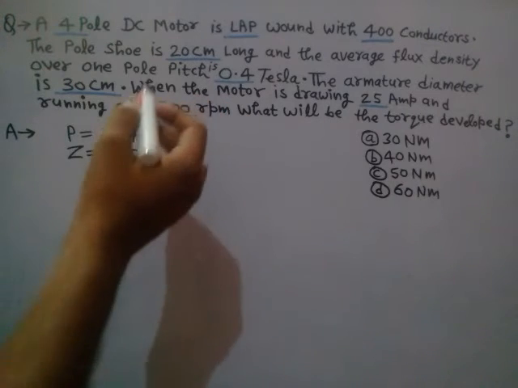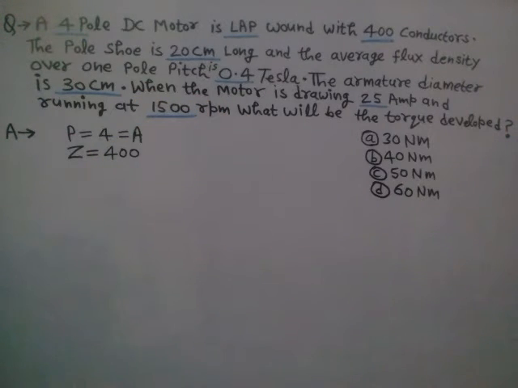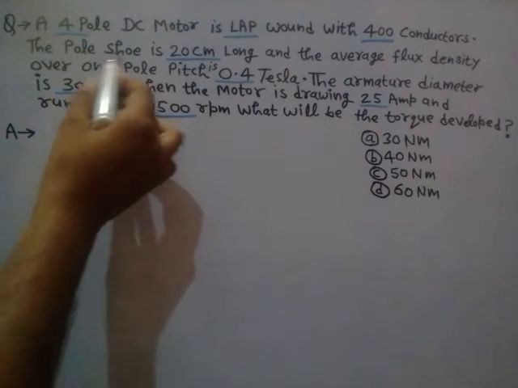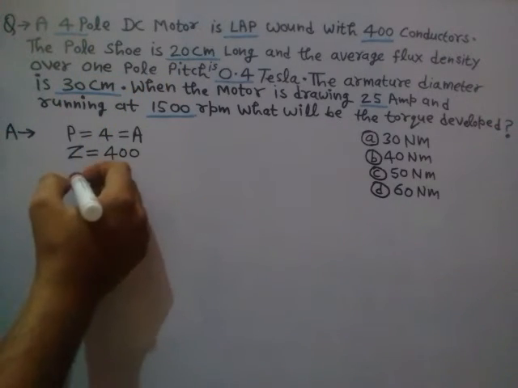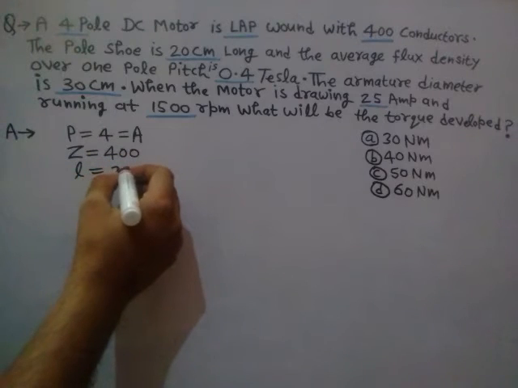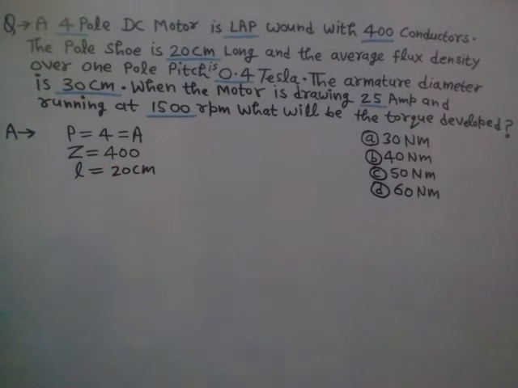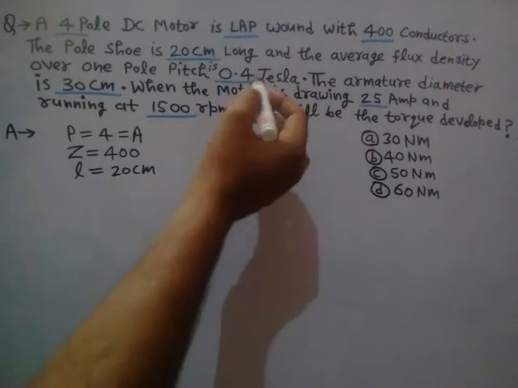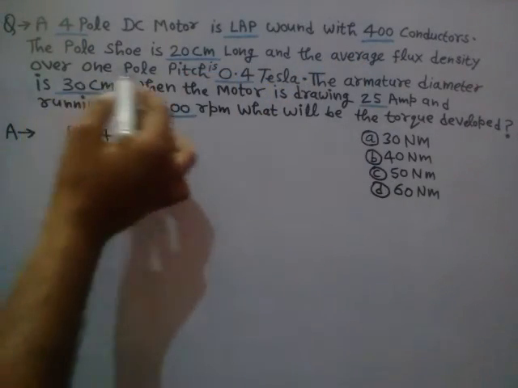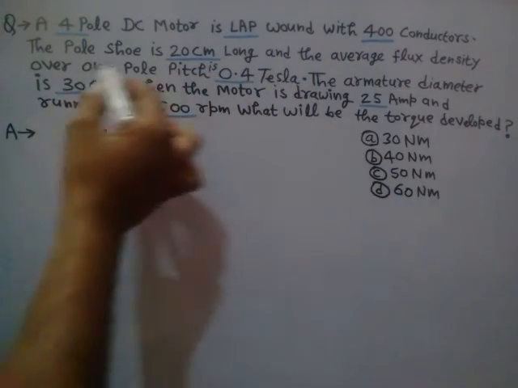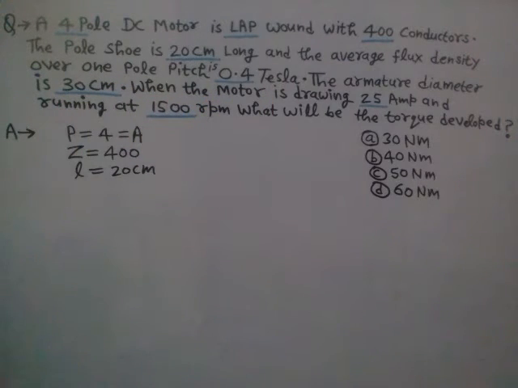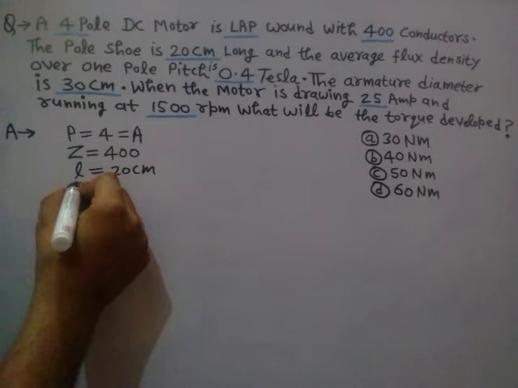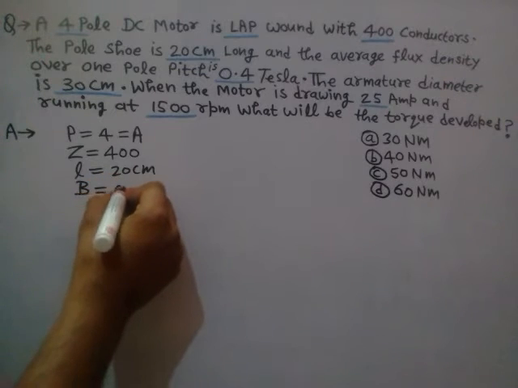Now the pole shoe is 20 centimeter long, so the length is given as 20 centimeter, and the average flux density over one pole pitch is 0.4 Tesla. So flux density is given as 0.4 Tesla.